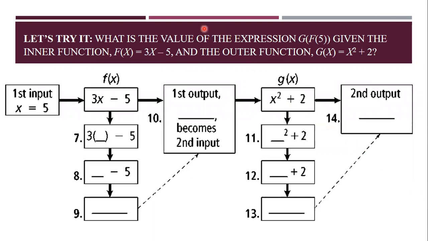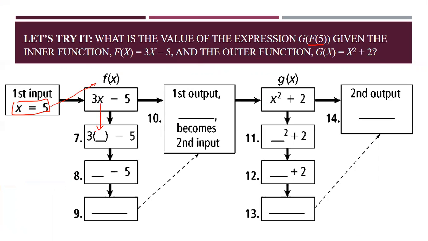So let's try it. So we have g composed of f of 5, given the inner function f of x equals 3x minus 5, and the outer function g of x equals x squared plus 2. So we're going to start with the innermost, and the innermost thing says f of 5. So I'm going to take x, set it equal to 5, and plug it into f of x.